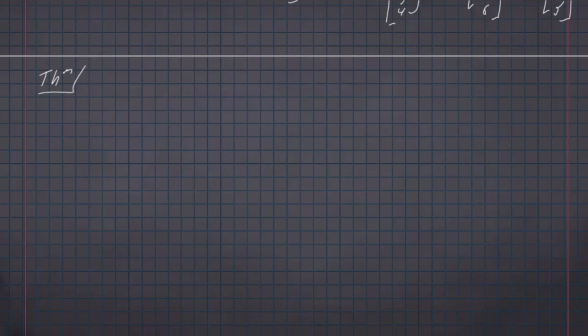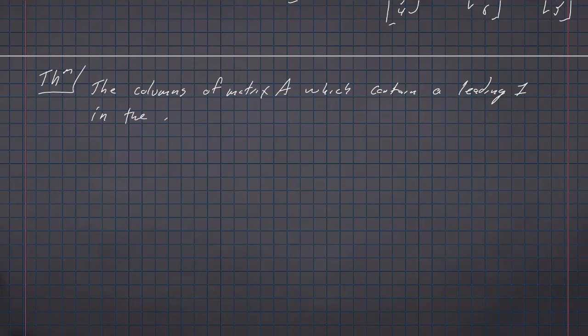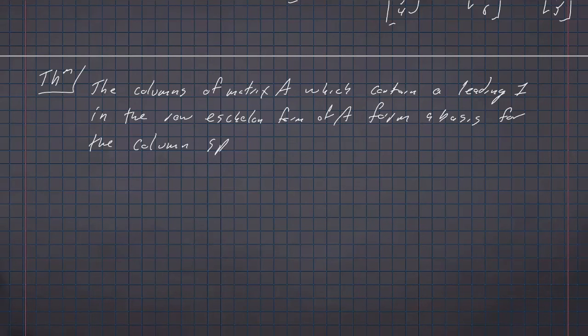So I know it's always unsatisfying to get a theorem without proof, but the columns in matrix A, which contain a leading 1 in the row echelon form of A, form a basis for the column space of A.